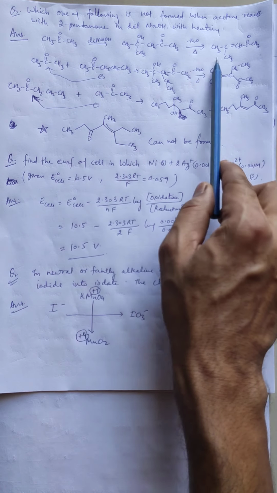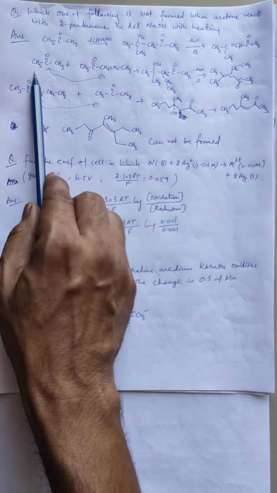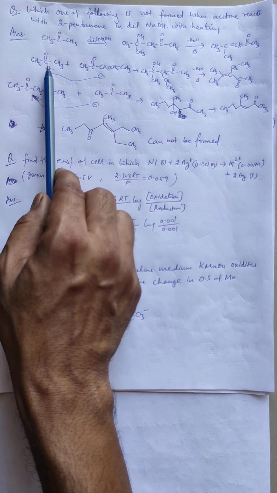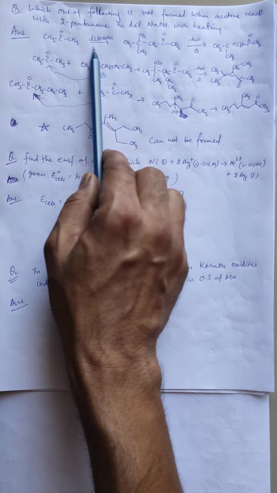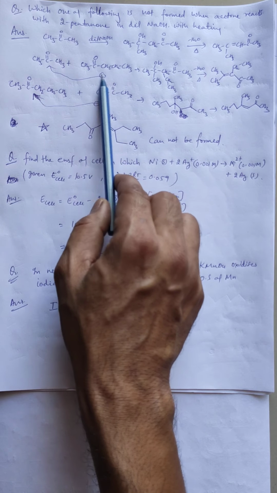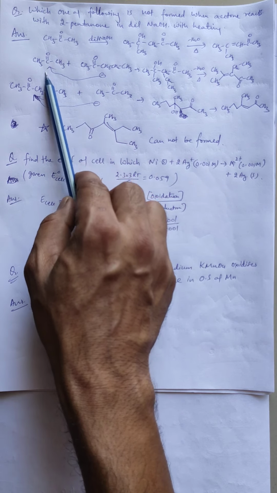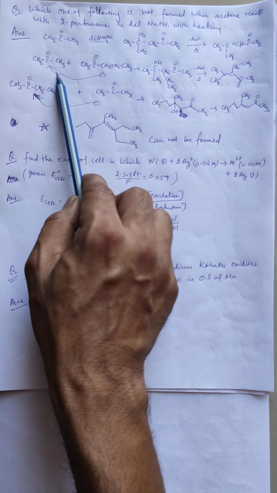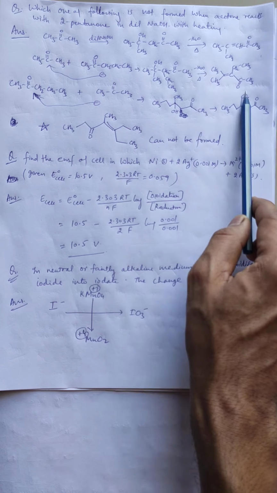When 2-pentanone acts as a nucleophile and attacks acetone, the product will be this.